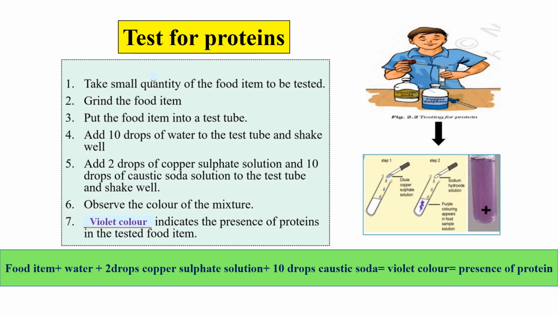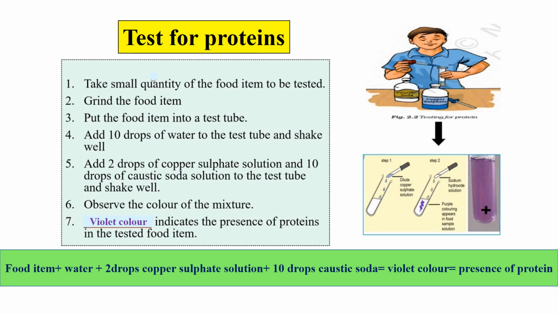After that we observe the color of the mixture. If there is a violet color in the solution, that indicates the presence of proteins in the tested food item. So this is the whole procedure for the test for proteins.